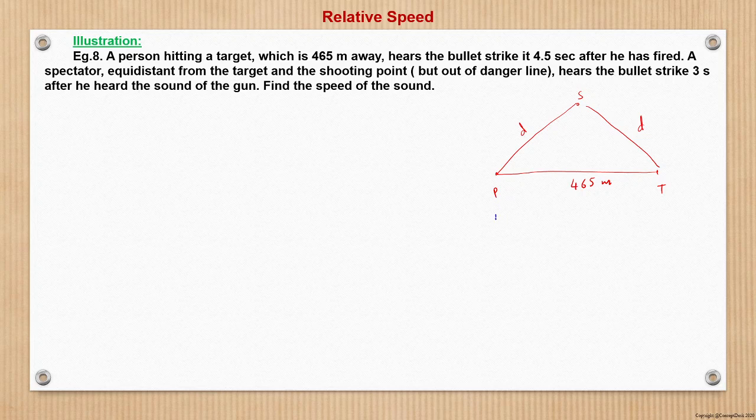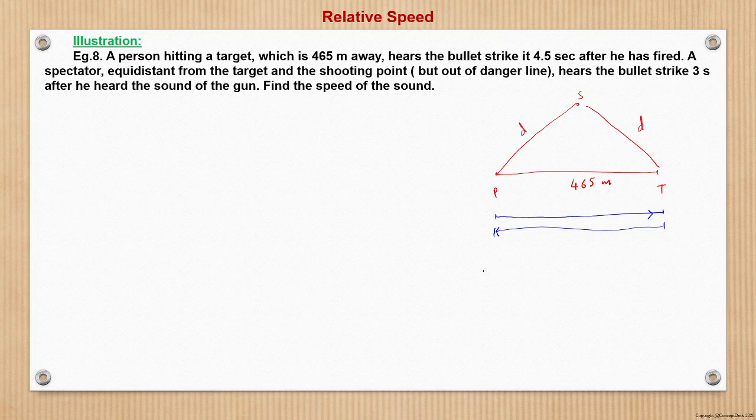The bullet goes to the target, hits the target, and then the sound travels back to the person here, right? Then only the person hears. So the bullet travels physically from point P to point T, then hits the target. That sound comes back to the person at P, and this total time is given as 4.5 seconds.